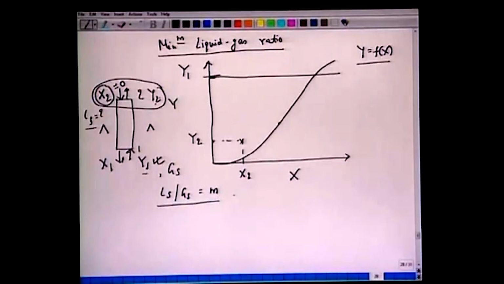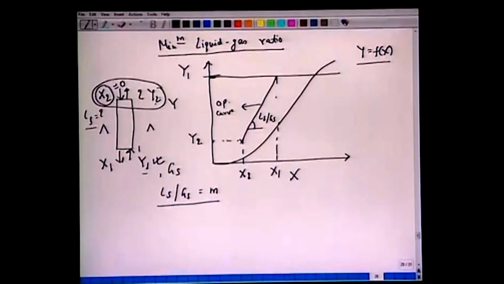So if Ls by Gs is known to us and we want to draw this line, then typically we will have a curve like this. So this would be Ls by Gs. If we know Ls, we can draw this line here, which is the operating curve, which will hit this level at y1 to give us x1.